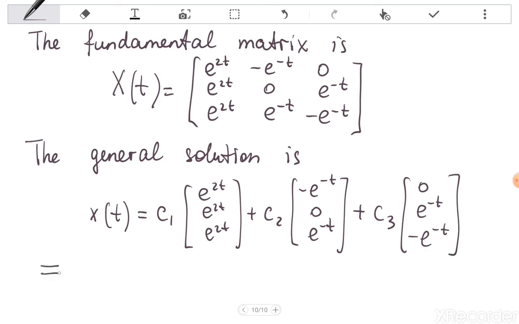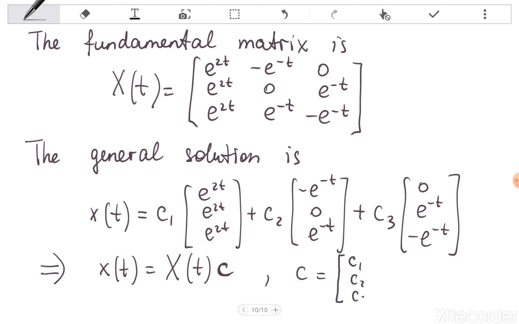In fact, another way to write this is that small x of t is capital X of t times vector c, where vector c is the column vector C1, C2, C3.